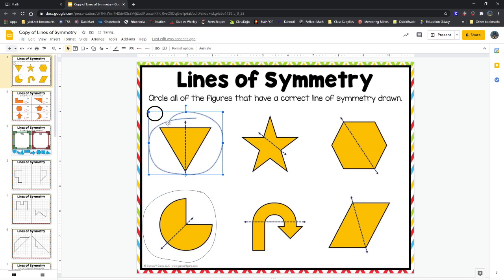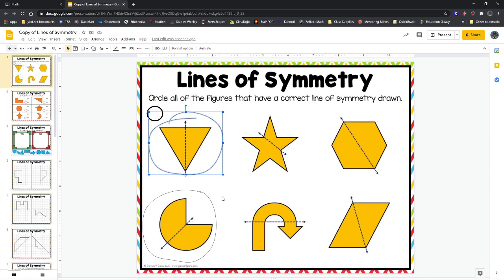The first one has a line of symmetry. It's right in the middle, and both sides of that line would be congruent. They have the same size and they have the same shape. There's not a big side and a small side. There's not a square side and a triangle side. Both of them are equal.